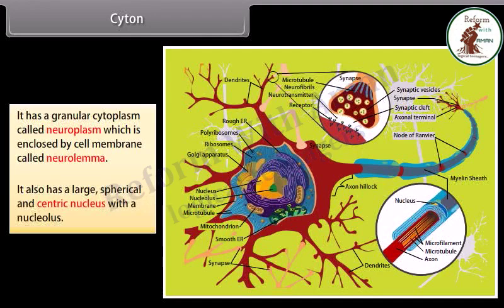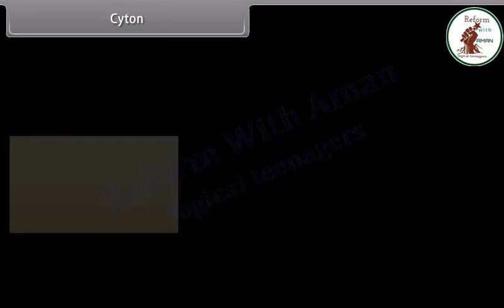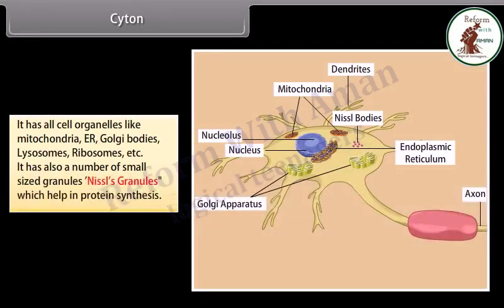It also has a large spherical and centric nucleus with a nucleolus. It has all cell organelles like mitochondria, Golgi bodies, lysosomes, ribosomes, etc. It also has a number of small-sized granules, Nissl's granules, which help in protein synthesis.